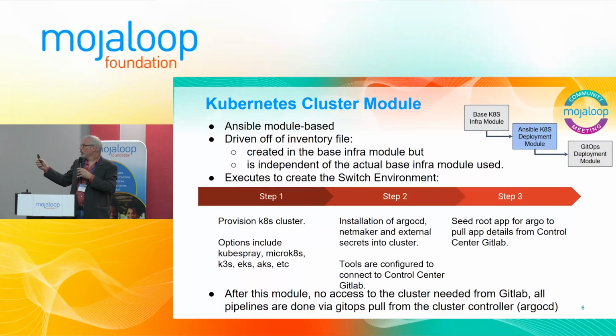So we seed the right information for Argo to be able to communicate and get that state, the desired state of the cluster. And then we create a root application for Argo that points to that repo and then is polling for changes. So that is the setup for the Kubernetes cluster module that, again, is Ansible based.